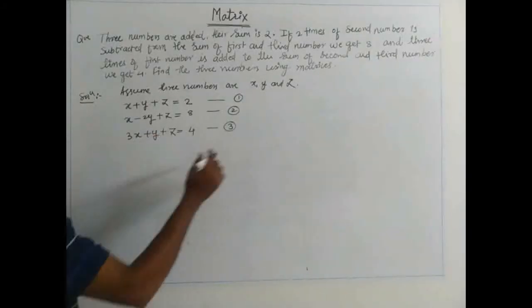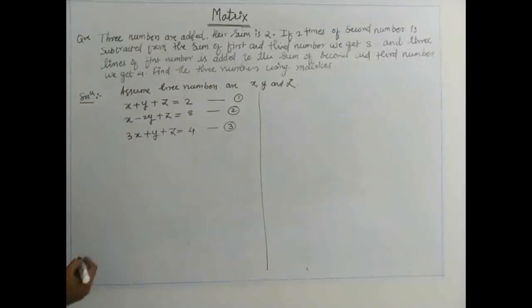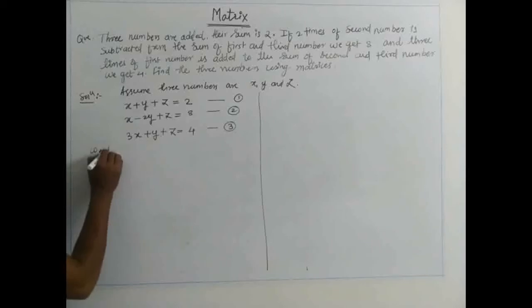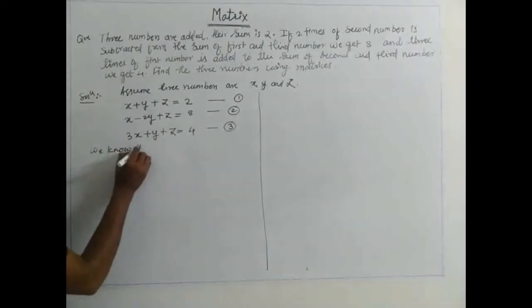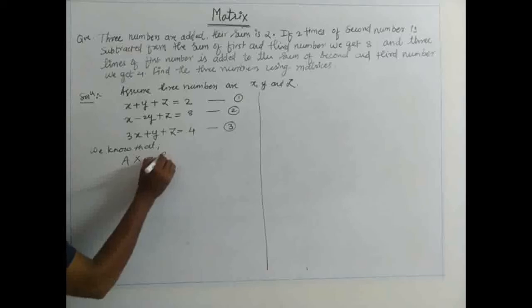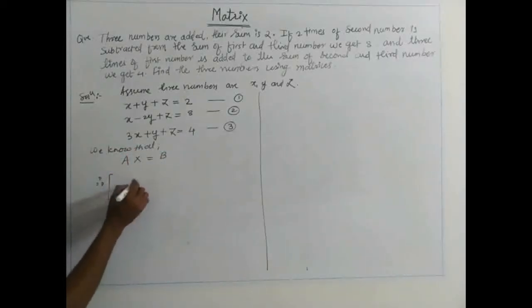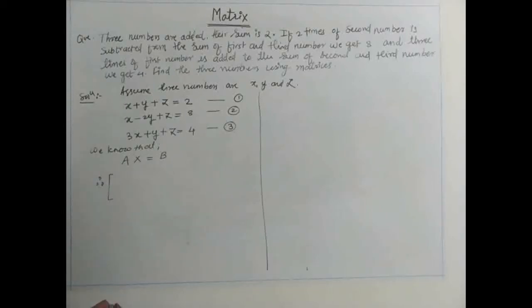Once you finish with this part, now we'll start with writing the given system in matrix format. So we know that AX is equal to B. Therefore, what is the matrix A? The matrix A is the coefficient matrix of all variables.